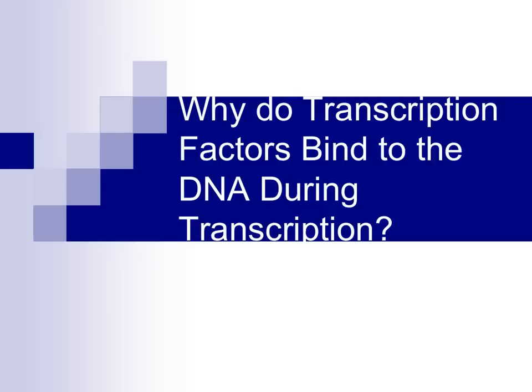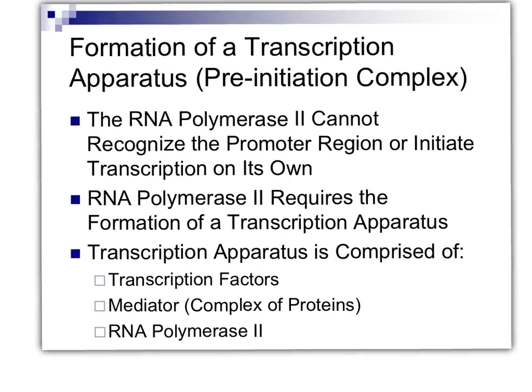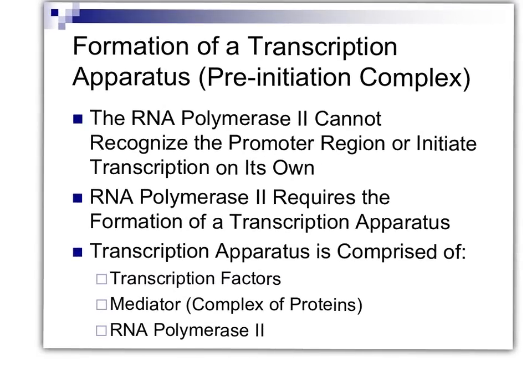Now, why do these transcription factors have to bind to DNA during transcription? Why are they necessary? Why can't the RNA polymerase just bind directly? The reason that you need a transcription factor is the RNA polymerase itself, which in eukaryotes is RNA polymerase II, cannot recognize the promoter region or initiate transcription on its own.